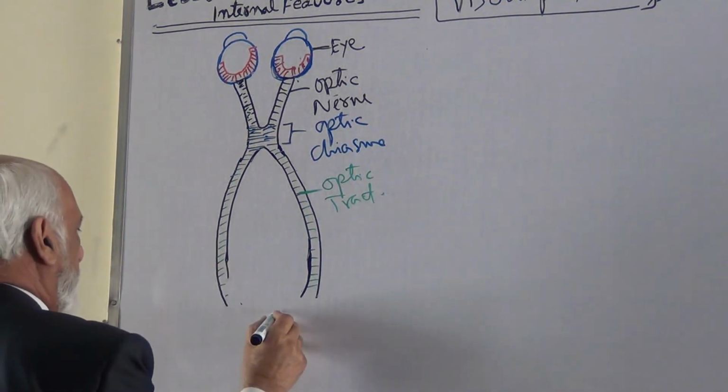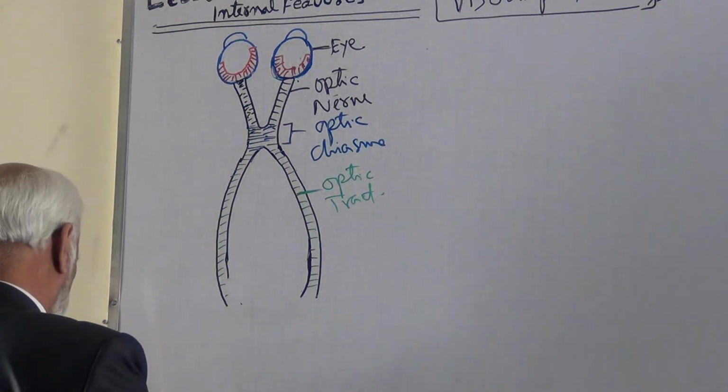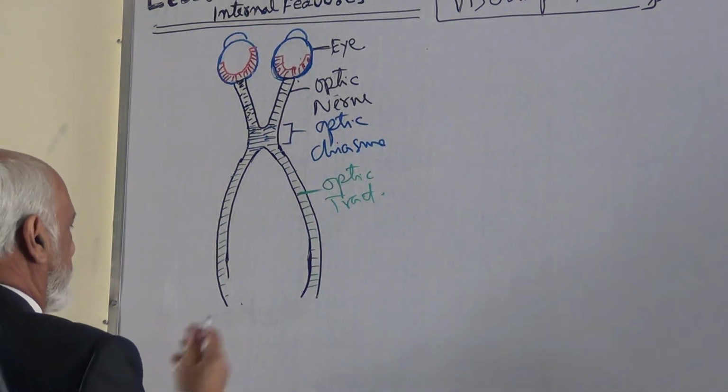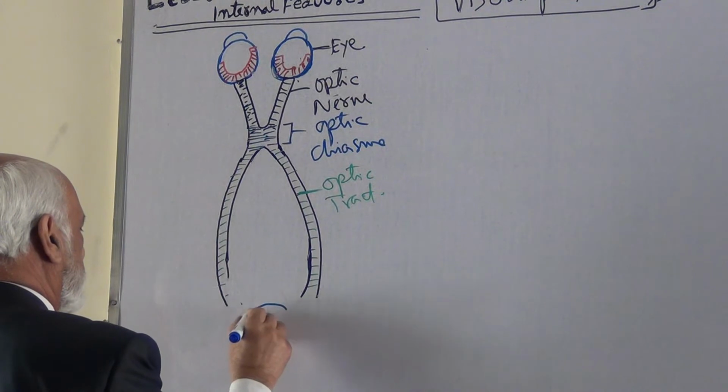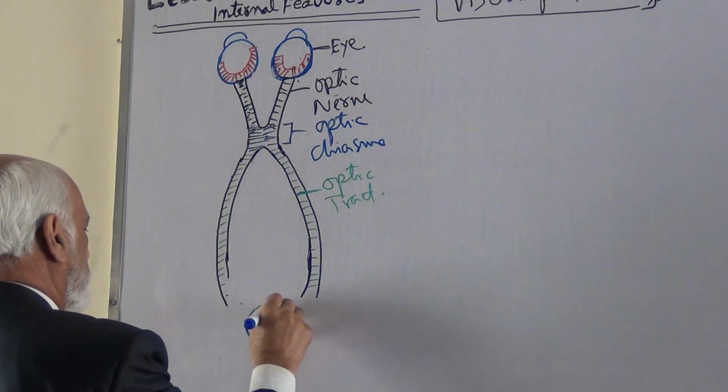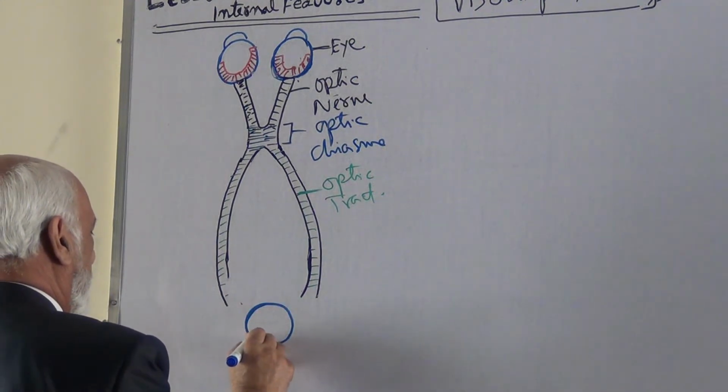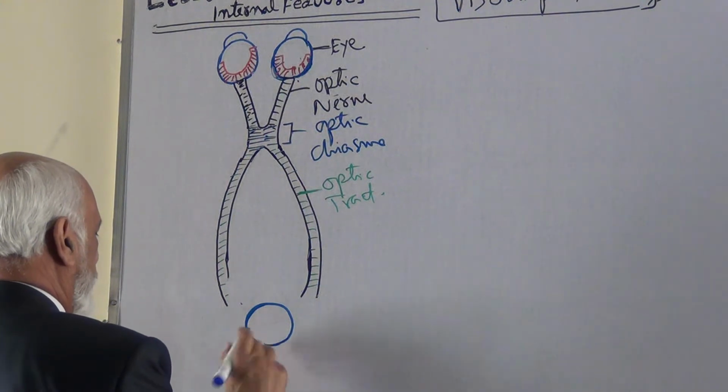Now here we will draw a section of the midbrain. This is a section through the midbrain.